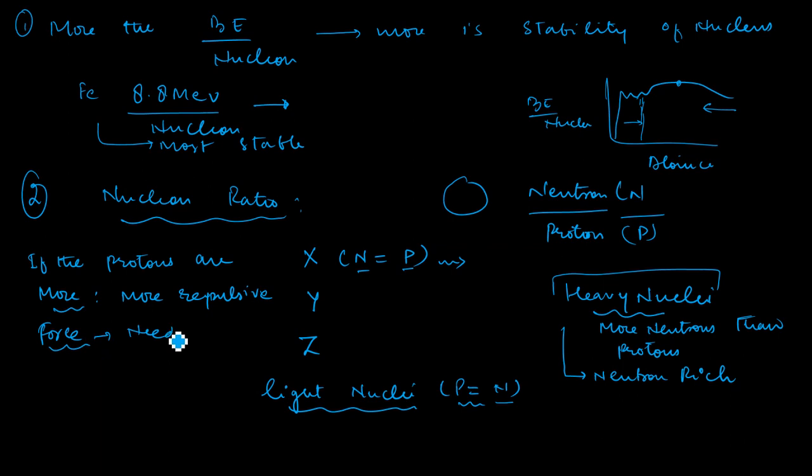That means this nucleus will be in need of more neutrons just to make the nucleus stable, right? So that's why we discuss this proton neutron ratio when the neutron number is greater than the proton number. That is the second criterion, the nucleon ratio, or the neutron to proton ratio.